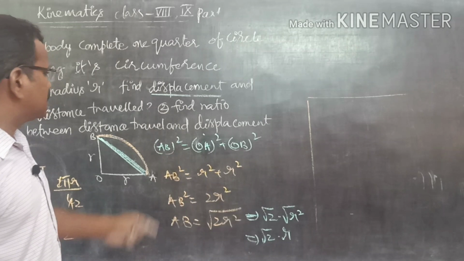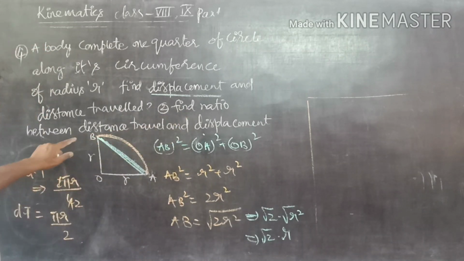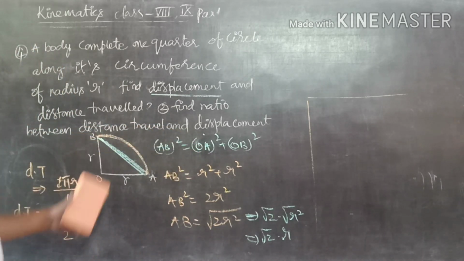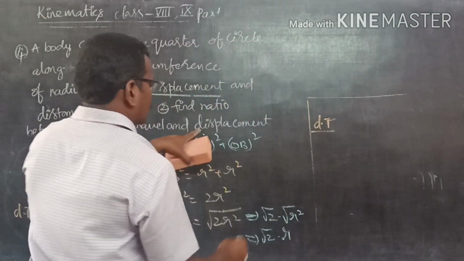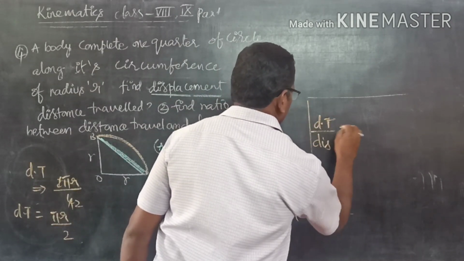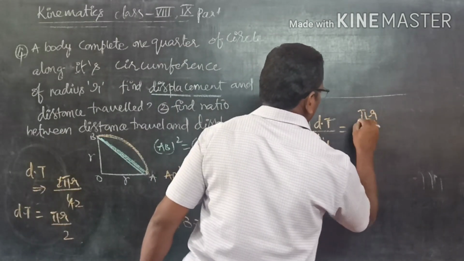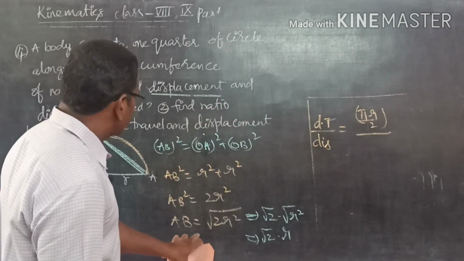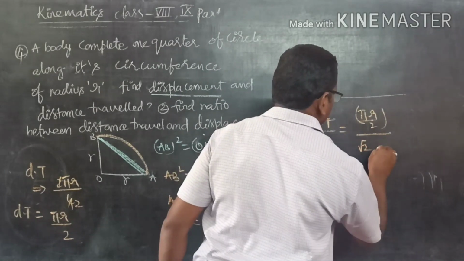In the second problem, they asked to find the ratio between distance traveled and displacement. That means distance traveled will be in the numerator and displacement in the denominator. What is the distance traveled here? Pi r by 2, divided by the displacement, root 2 r.